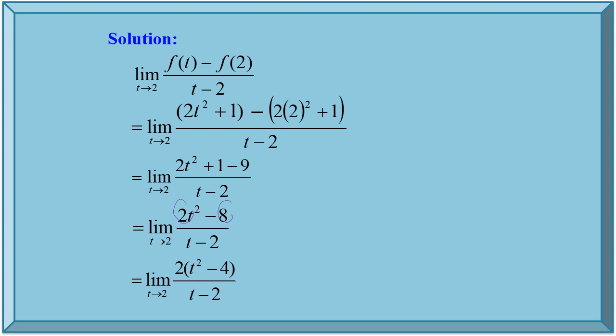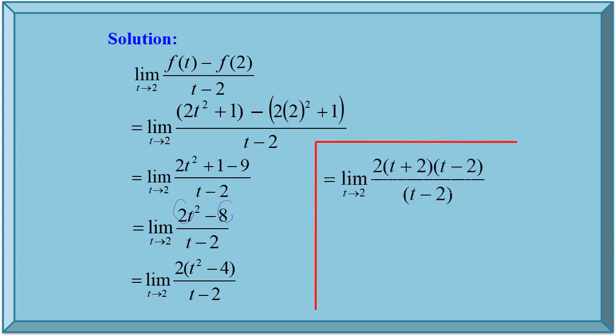So factorize t squared minus 4, what do we get? Yes, we get t plus 2 multiplied by t minus 2. So t minus 2 can be cancelled out here. What remains is 2 multiplied by t plus 2. So substitute the value of 2, we get 2 multiplied by 2 plus 2, which is equal to 8. So this is the answer for this type of question.